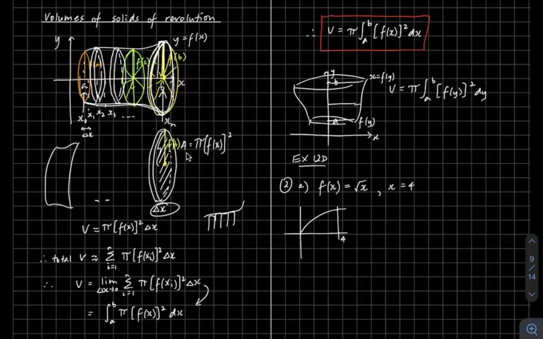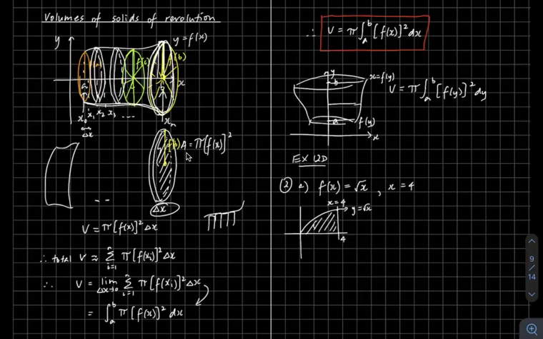So there's y equals root x, there's x equals 4. We're just trying to rotate this region around the x-axis to create a solid, and find out its volume.